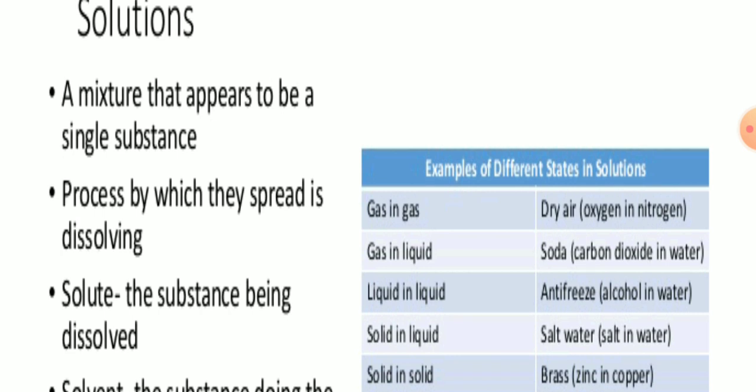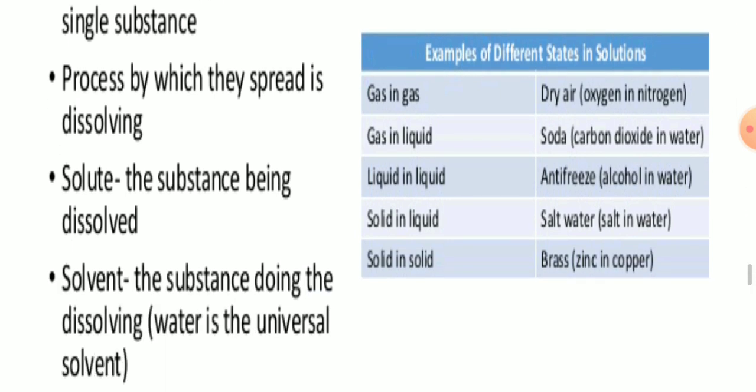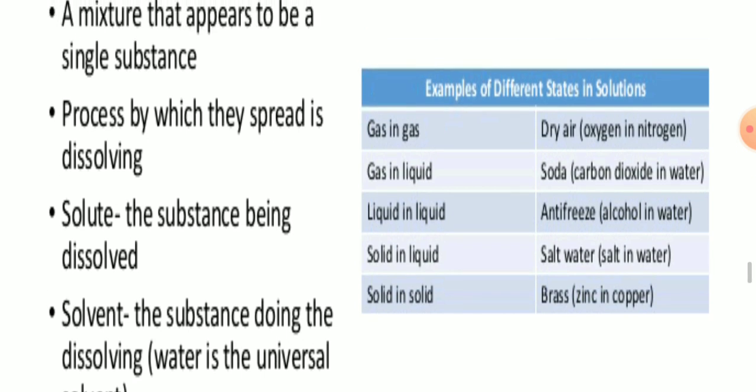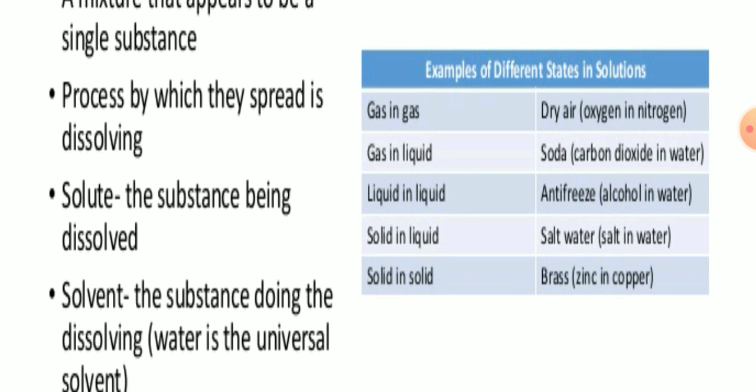So the solute is the substance being dissolved, and the solvent is the substance in which you are dissolving. For example, water is the universal solvent. In most cases, water is used as the solvent. The process of making a solution is known as dissolving. Here are some examples of different states of solution.